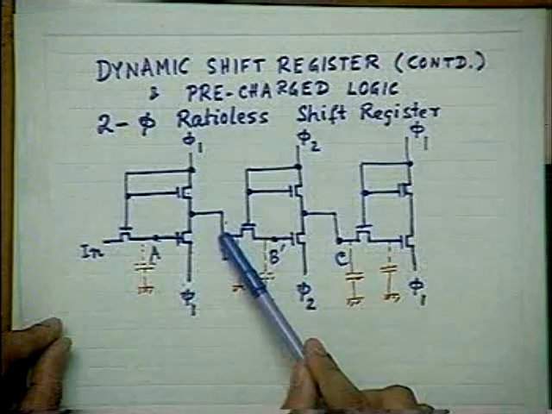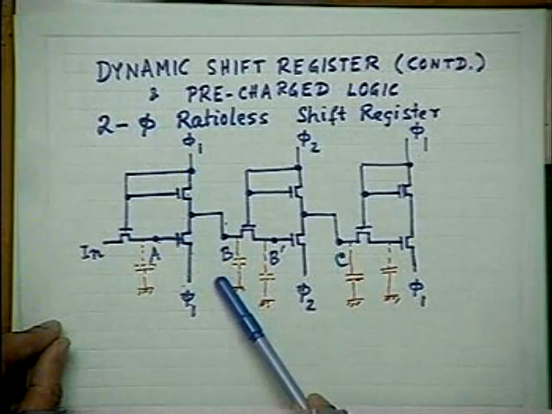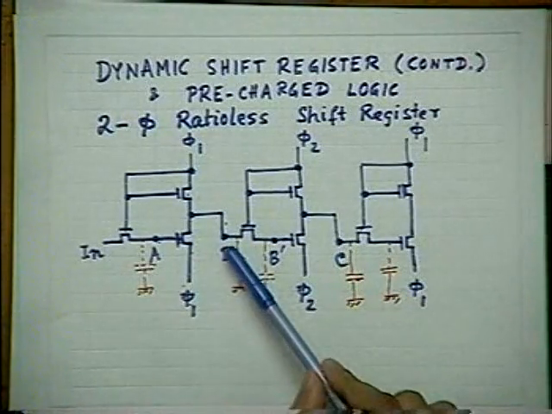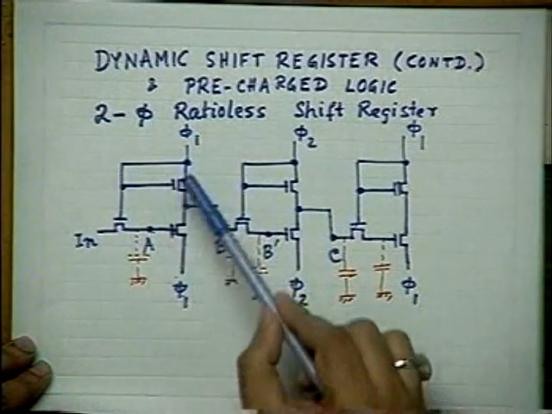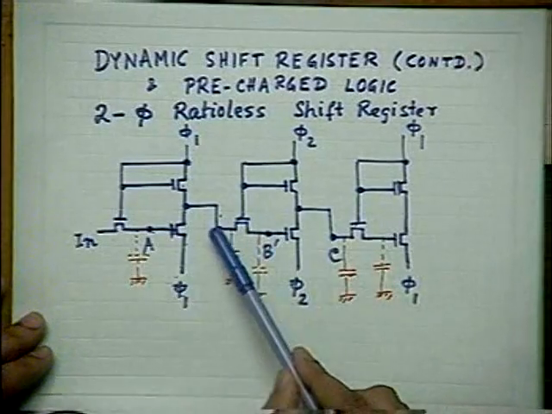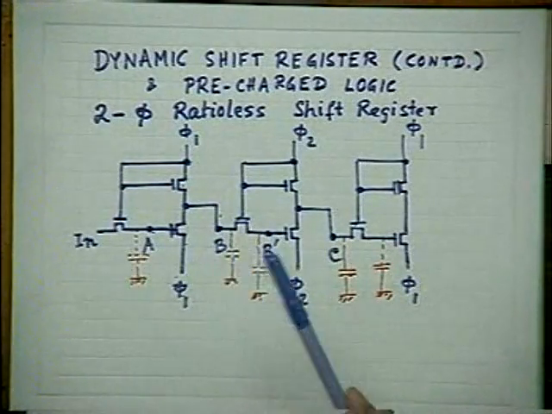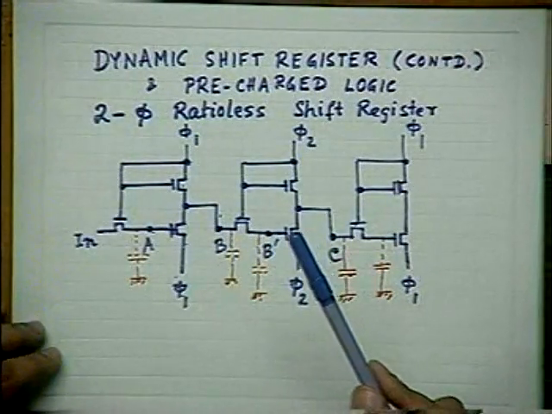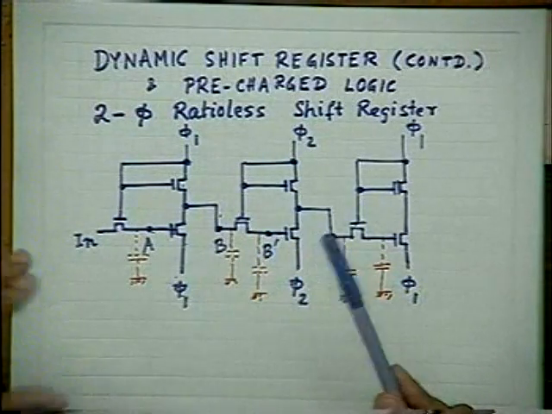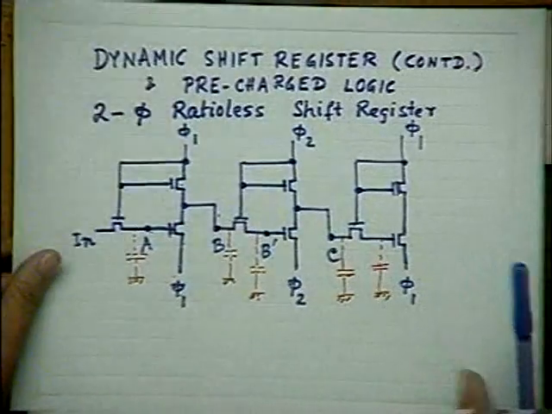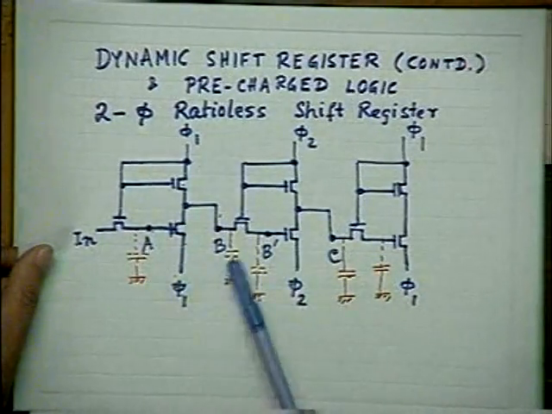Sometimes what we do is put some extra MOS capacitance at the points B, C, etc., while keeping the MOSFET the same size. That will give rise to a little bit less packing density, but anyway, this will be better. From the packing density point of view, ratio-less design is much better.